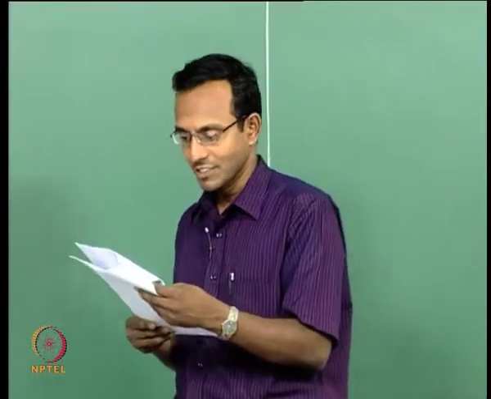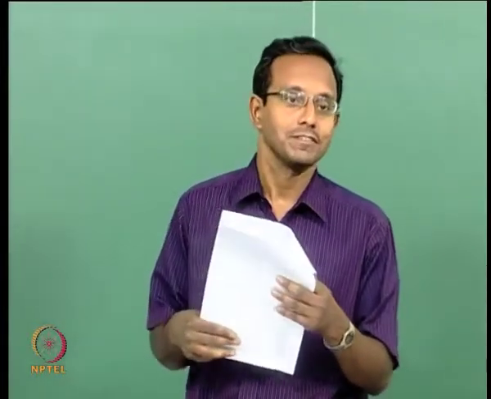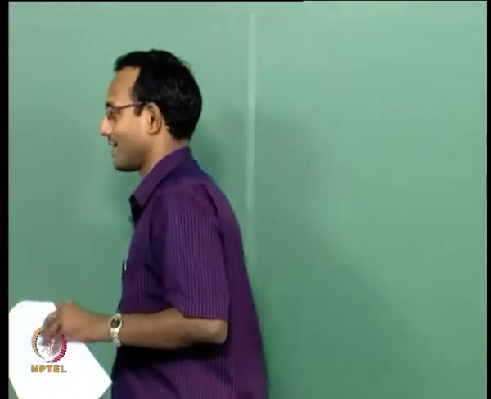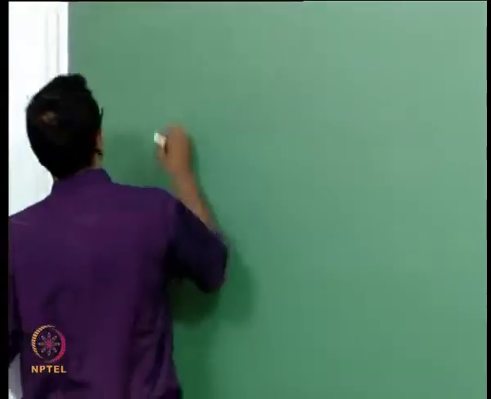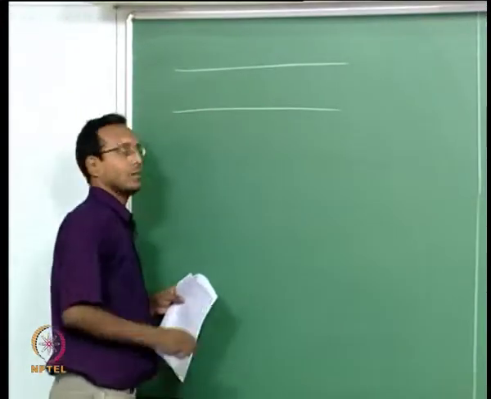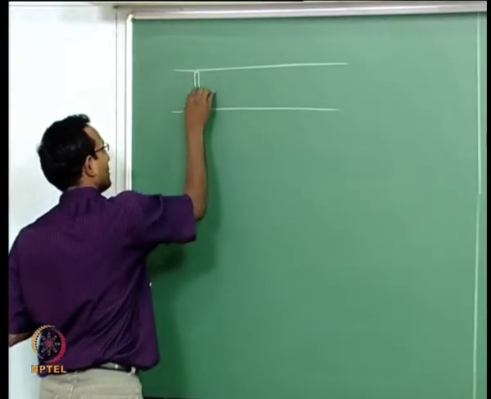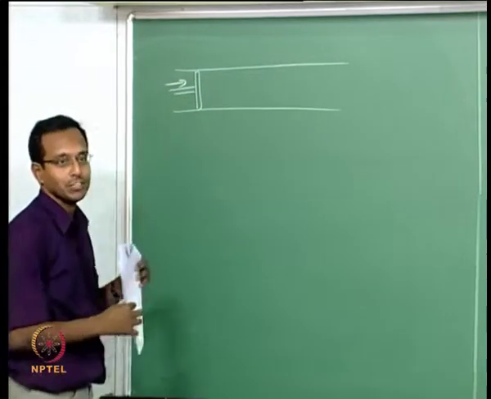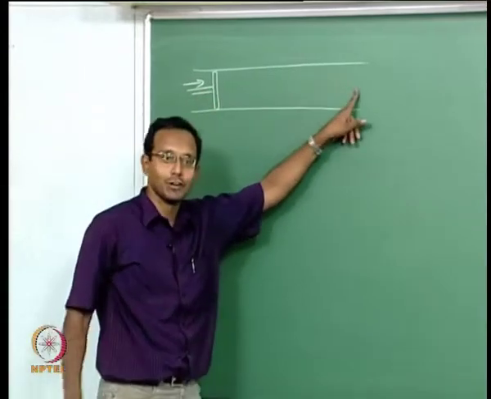The first thing I want to do is mechanical piston drive. This is going back to the basic way of creating a shock which we discussed when we talked about a tube and a piston, with the piston moving this way. If it moves into the flow, this is going to create a shock.